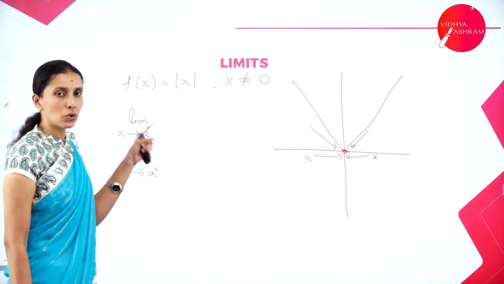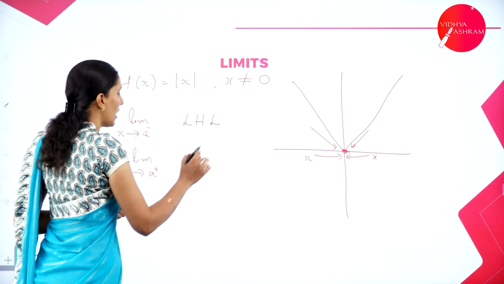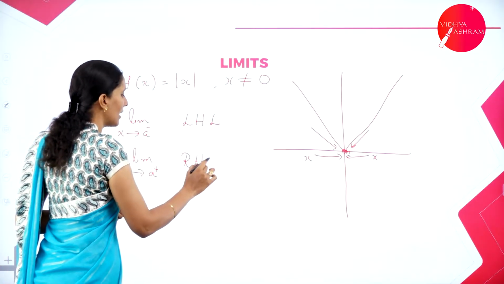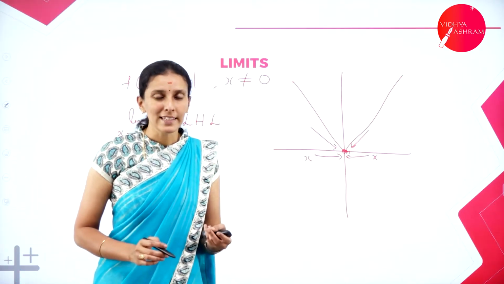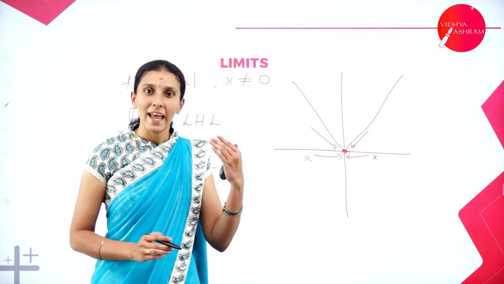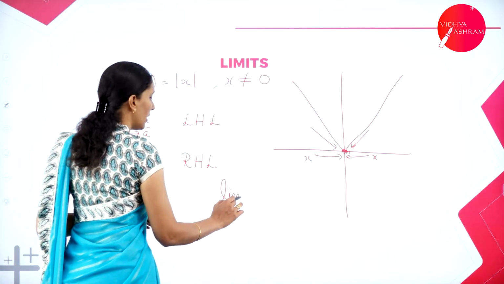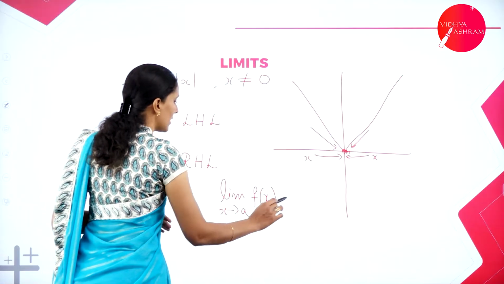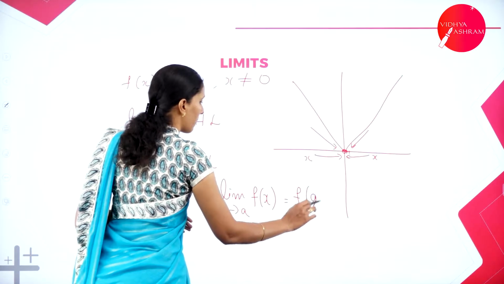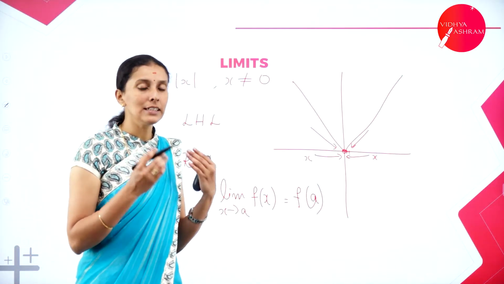So when these two are equal, we called it as left hand limit and we call it as right hand limit. When left hand limit is equal to right hand limit, we say the limit of the function exists, and then we write the limit of a function f of x as x tends to a is equal to f of a. So f of a is nothing but your L, as it is the value.